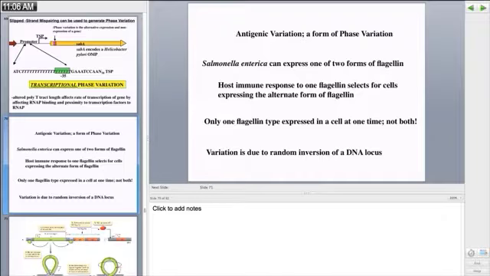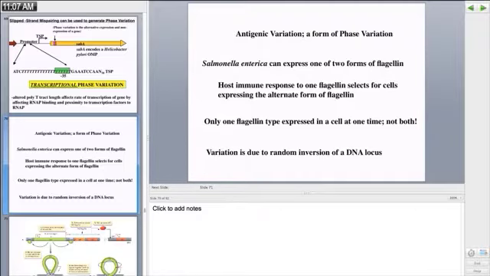There is always a misconception people have about how evolution works. If I tell people that if you make an antibody against one form of the flagellin, people will think, well, that forces the bacterium to switch to produce the other form of the flagellin. And that's not true. The switch is completely stochastic. It is completely random.